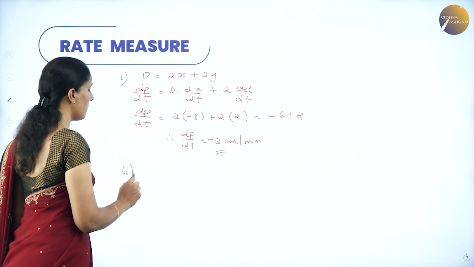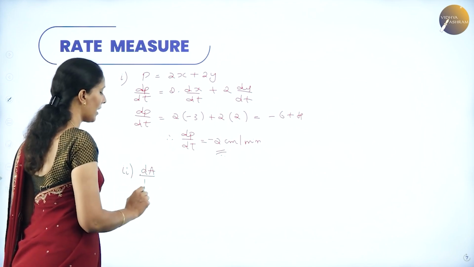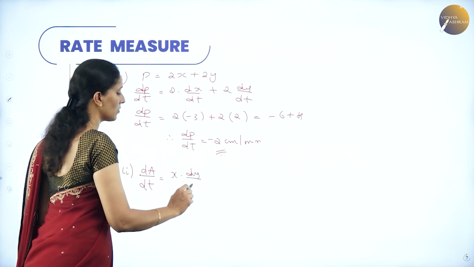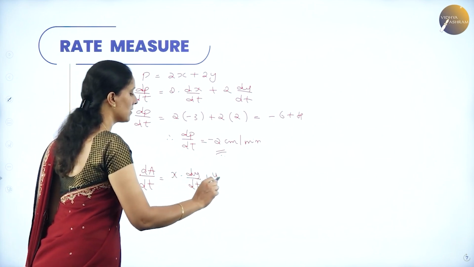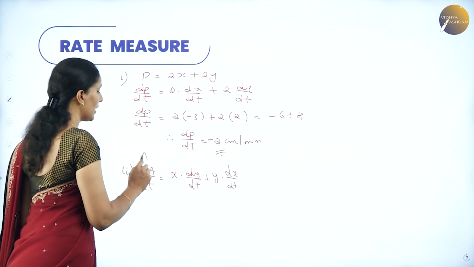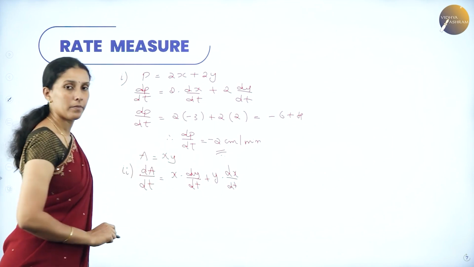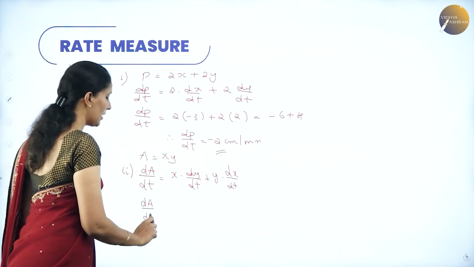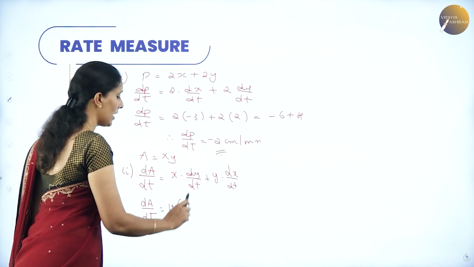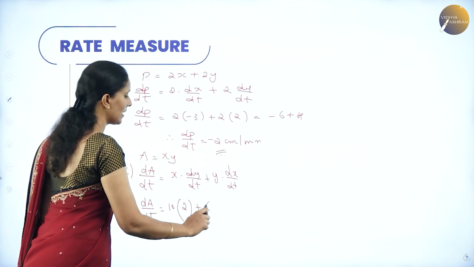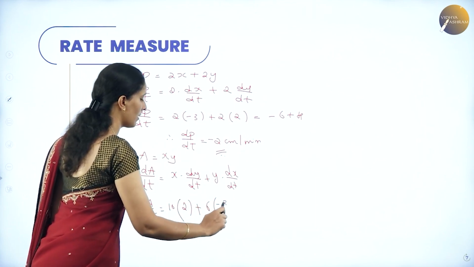Next is area. We will directly write dA by dt will be x into dy by dt plus y into dx by dt, because the area is x into y, applying the product rule. So now dA by dt is equal to 10 into dy by dt, which is 2, plus y, which is 6, into dx by dt, which is minus 3.